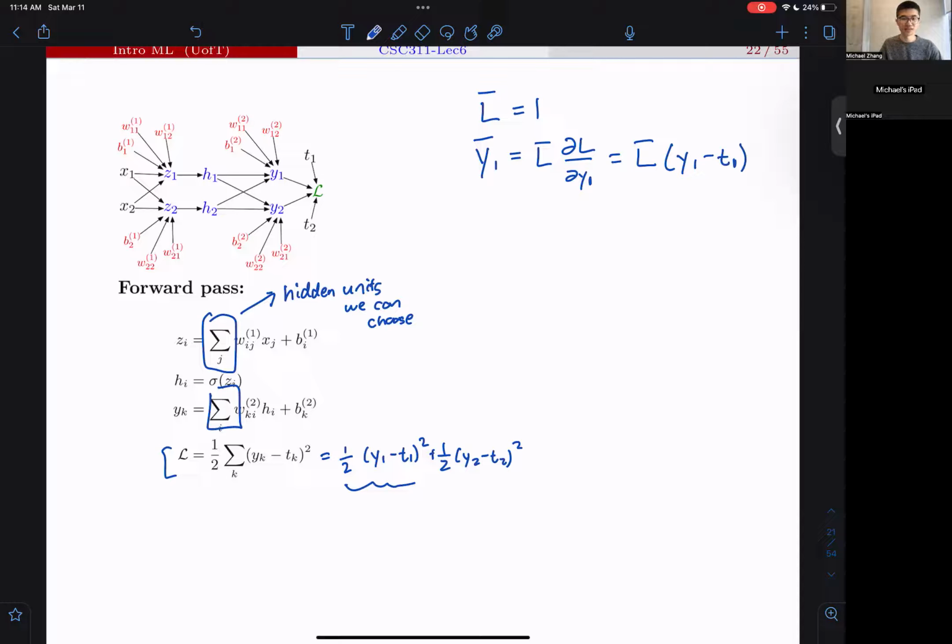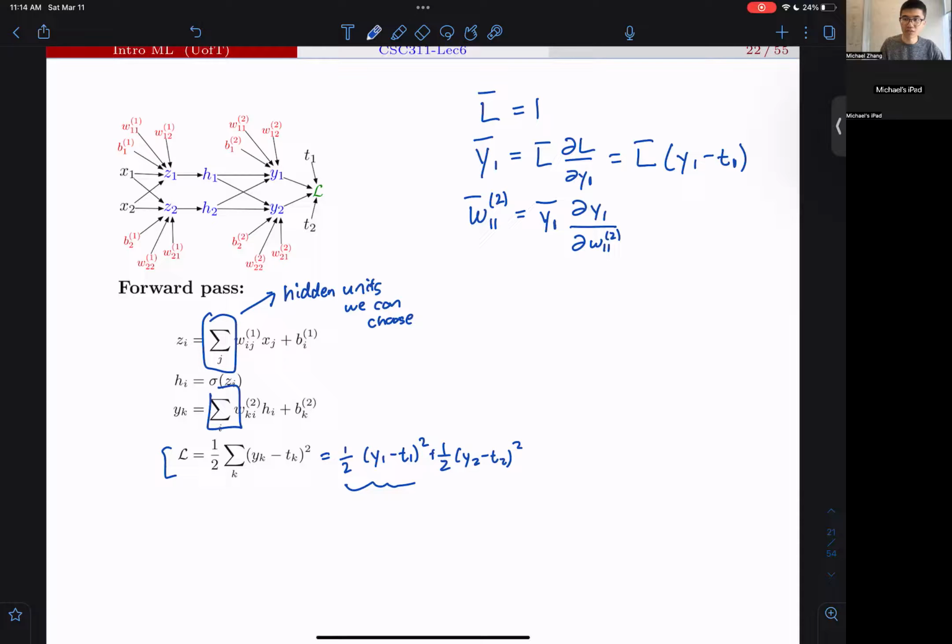Okay. So once we have y1 bar, we can actually compute the weights and biases because they don't have any other dependencies. So for instance, we can look at W11 2 bar. And that's going to equal y1 bar times partial y1 partial W11 2, right?